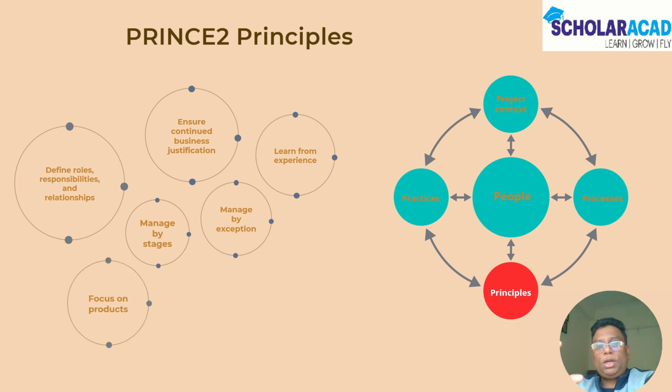Any project which you run requires an outcome, so everybody should be clear about focusing on the products which are required to be delivered by the project. Last but not least, tailor. The customization and modification of your project is always important, how you modify your project and suit the tailoring and customization according to your business and its nature.